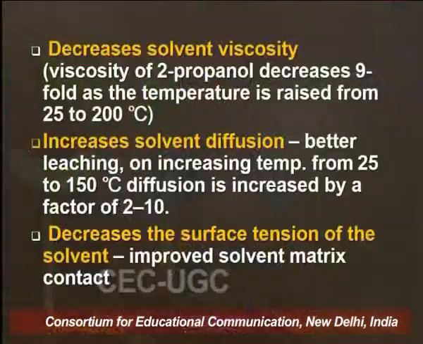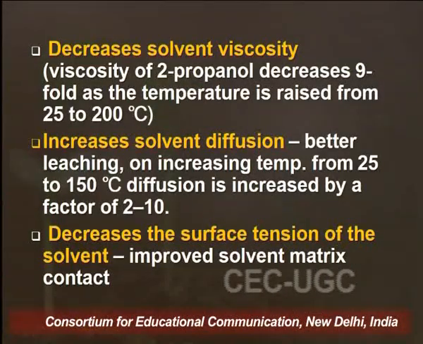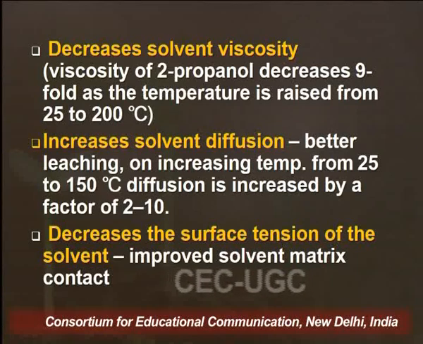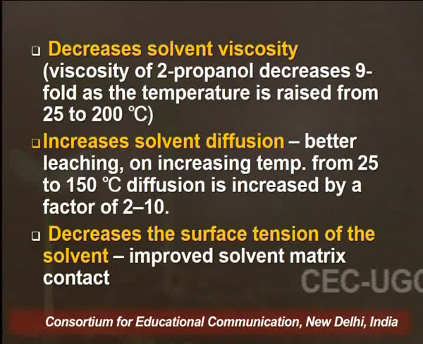So I have taken an example of 2-propanol, wherein when the temperature of the solvent is increased from 25 to 200 degrees Celsius, the viscosity of propanol decreases 9 folds. So this is the effect of increasing the temperature above the atmospheric boiling point.